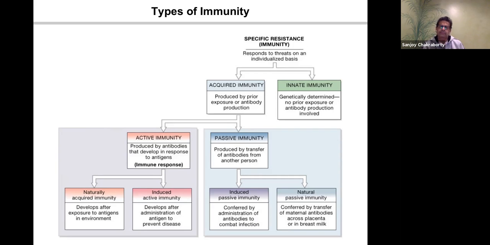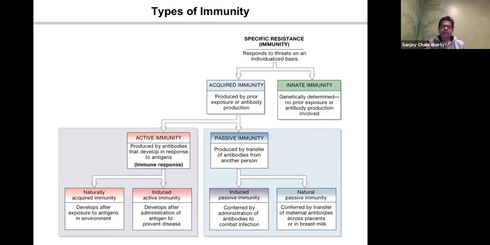On the other hand, active means your body makes it. Now the question is how to do it. One way is when the healthcare professionals ask you to make the antibody. What does that mean? That means when healthcare professionals trigger an immune response in you, meaning vaccination.